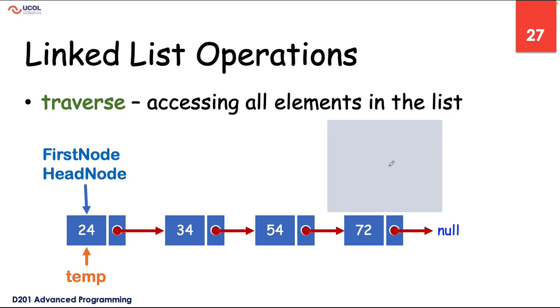So we have a temporary variable assigned to the head node, and we print the value and go to the next, and again print the value and go to the next, and if the next is null, we stop that process.